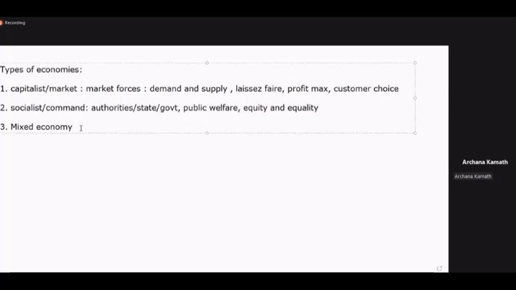Now, mixed economy, we can say they take the advantages of both the market economy and the command economy. They'll see to it that at all times the market is taking decisions regarding what, how, and for whom the commodities are to be produced, but in a situation of market failure, the government or the state will step in to rectify it.